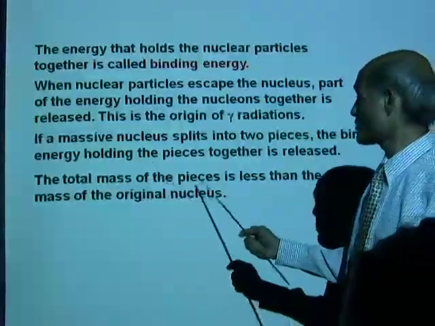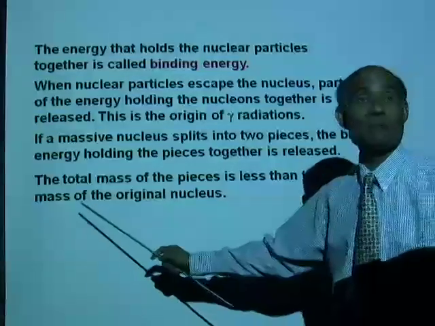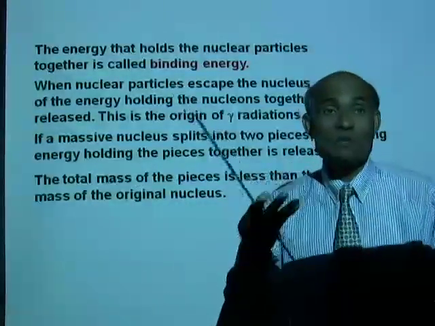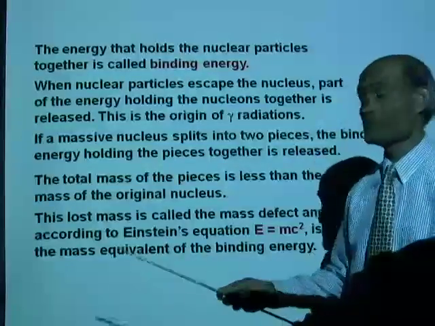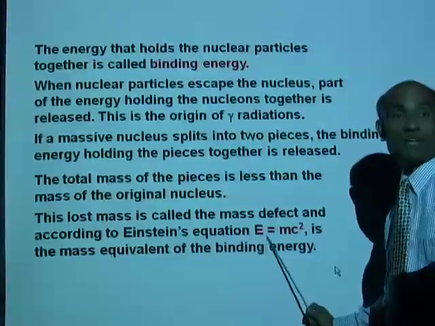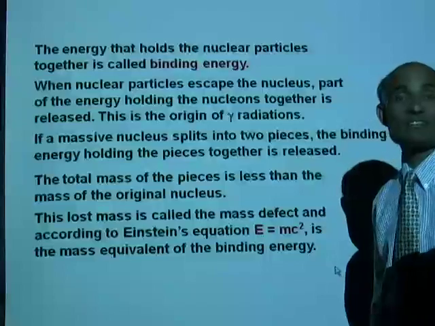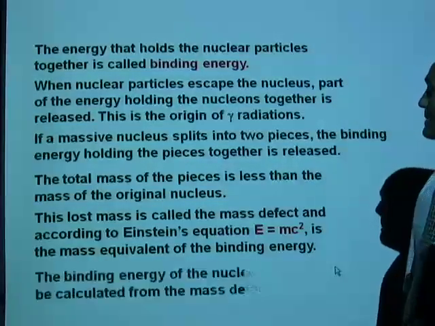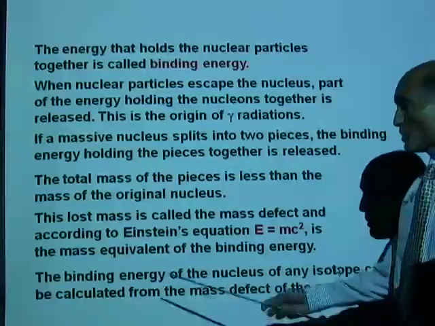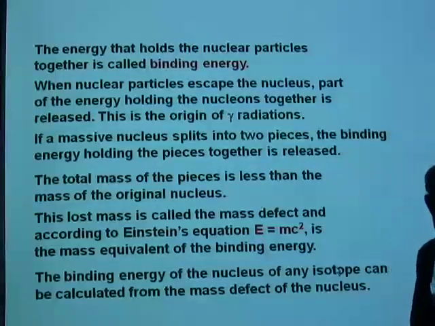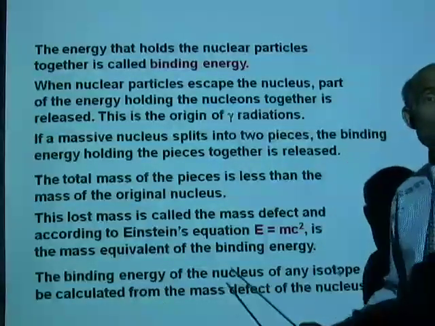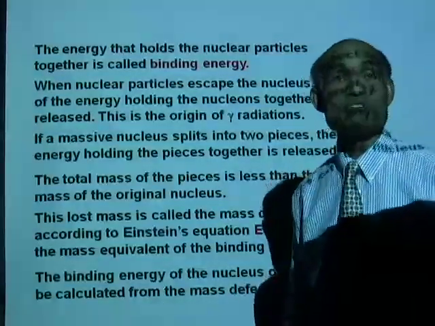The total mass of the pieces is less than the mass of the original nucleus, and that difference, the mass defect, is converted to energy according to Einstein's mass-energy relationship, E equal to mc squared. So the binding energy of the nucleus of any isotope can be calculated from the mass defect of the nucleus.